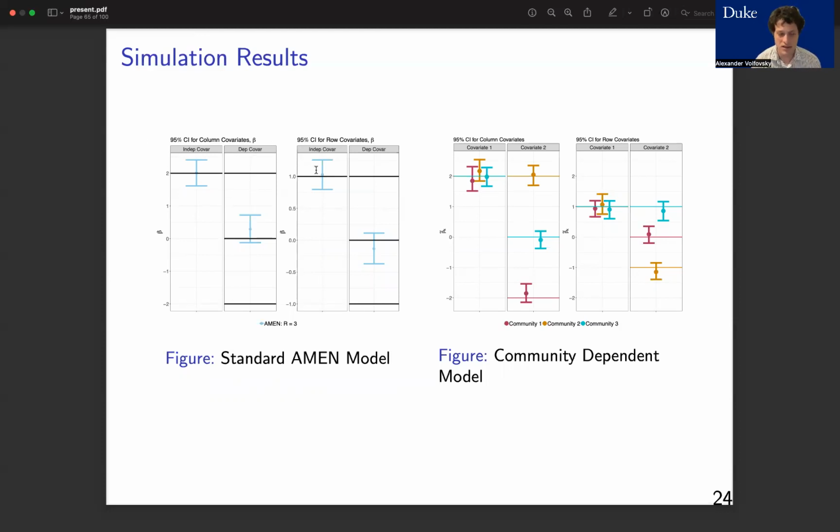It doesn't need any additional information because it just learns those parameters. On the other hand, for the community dependent covariates, it's not doing well at all. It's actually estimating the average, as I suggested that it would. On the other hand, the community dependent model is able to distinguish the different community variables.